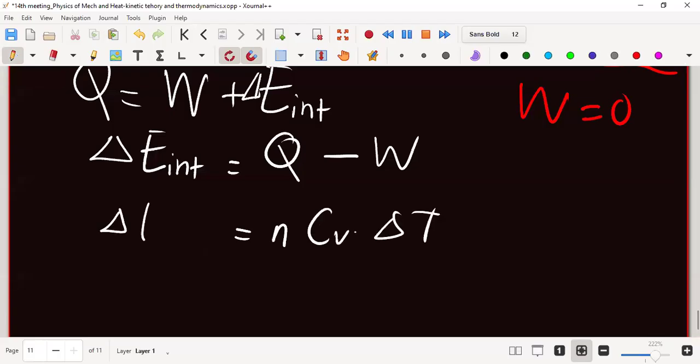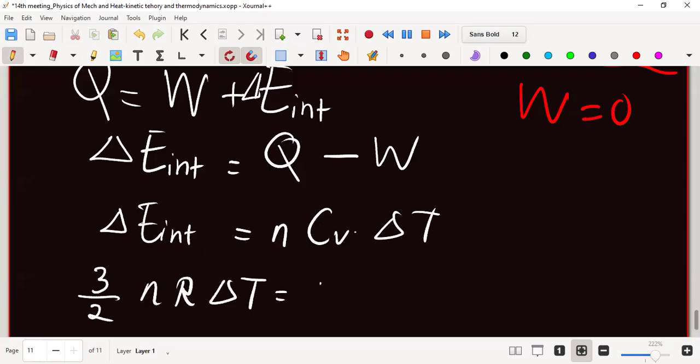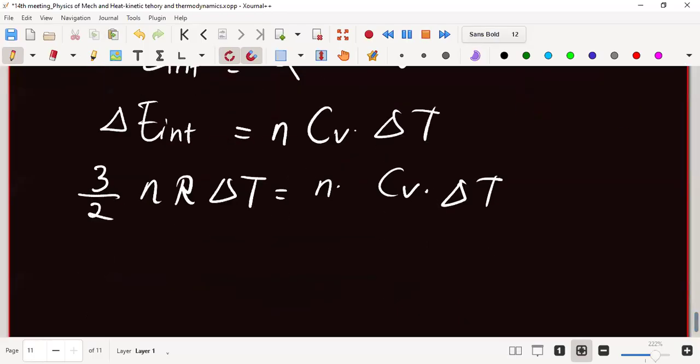This is equal to the difference of internal energy. Because the internal energy before is 3/2 nR delta T, equal to n Cv delta T, we can divide, and n is also cancelled.